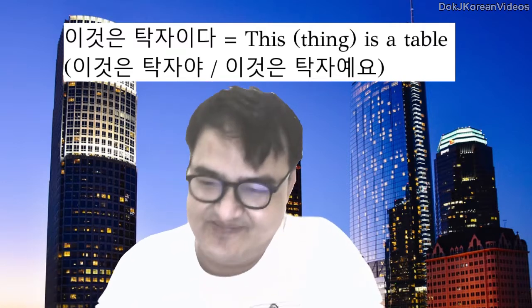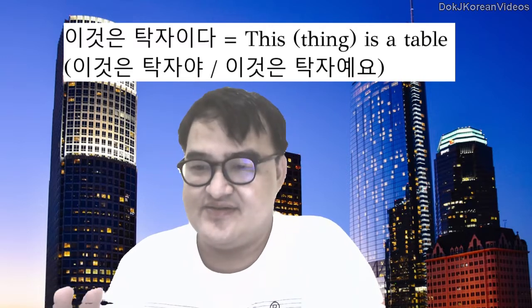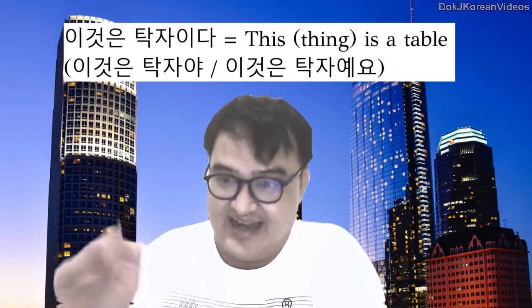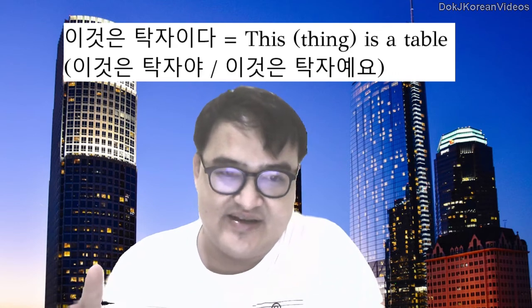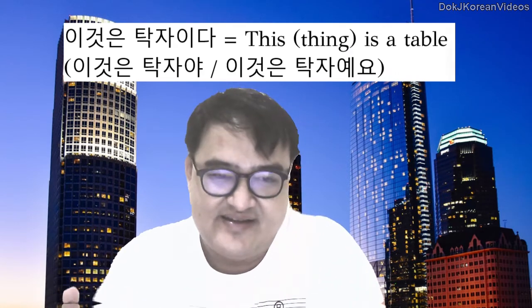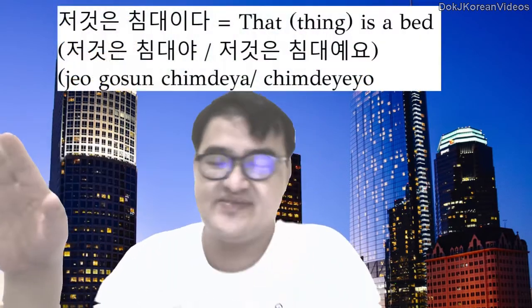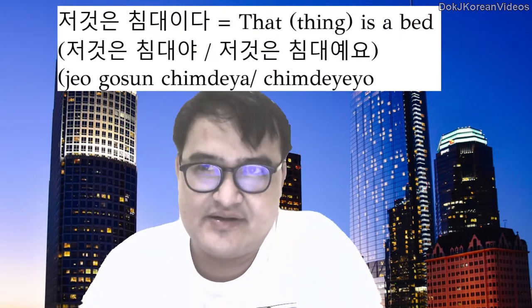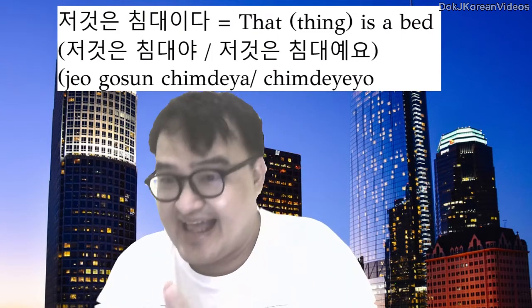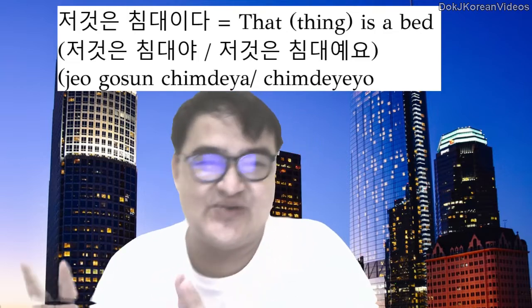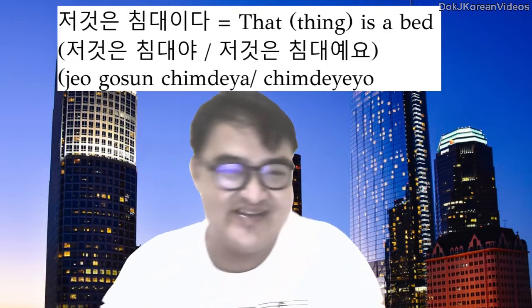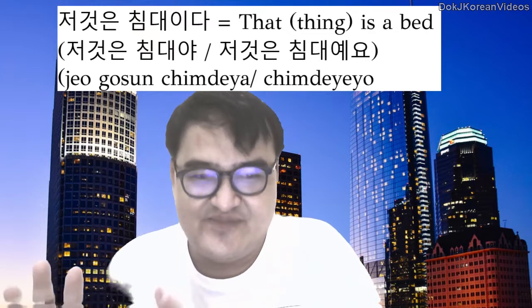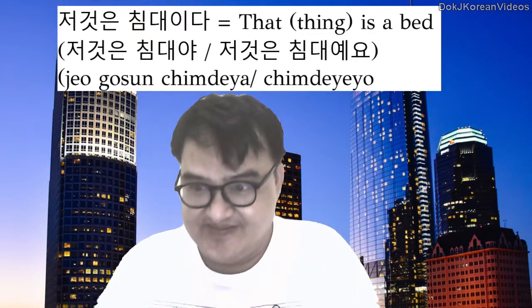Igosun chimdeida. For the informal form, for example, "that thing is a bed," we say jogosun chimdeida. In slang, we say jogosun chimdeya. Or in the respectful form, jogosun chimdeyeyo.